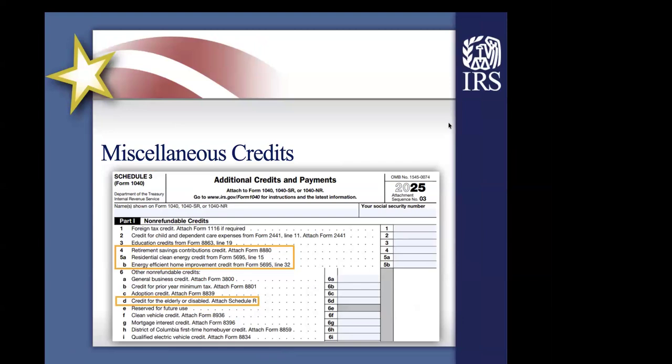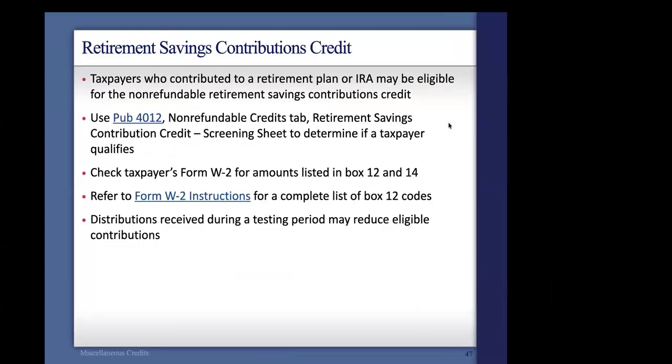All right. Miscellaneous credits. These are credits that don't have their own line. They compile, and so some are common, some are not. The retirement savings contribution credit is one that you may see.